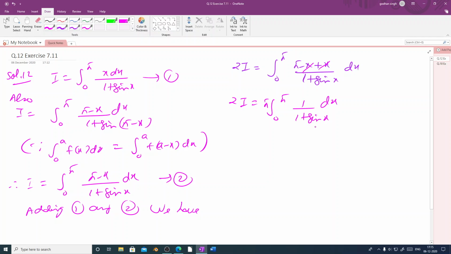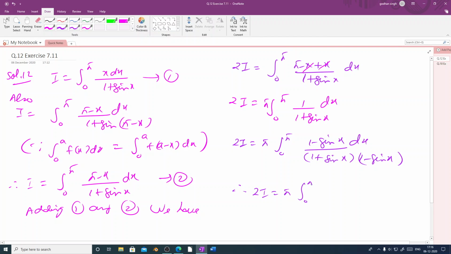Now let us multiply and divide by 1 minus sin x. So we get 2I equals pi times the integral from 0 to pi of (1 minus sin x) over (1 plus sin x)(1 minus sin x) dx. That is (a plus b)(a minus b), so it is a square minus b square: 1 square minus sin square x, that is cos square x.